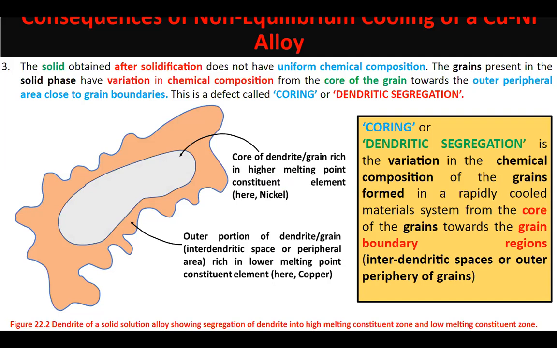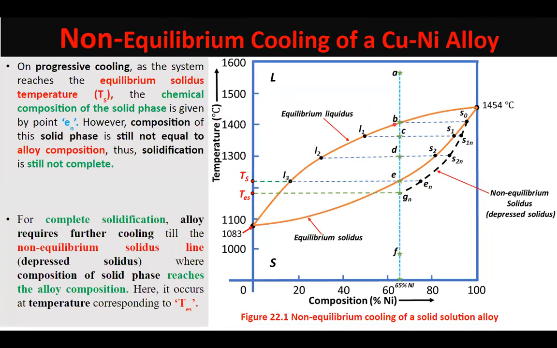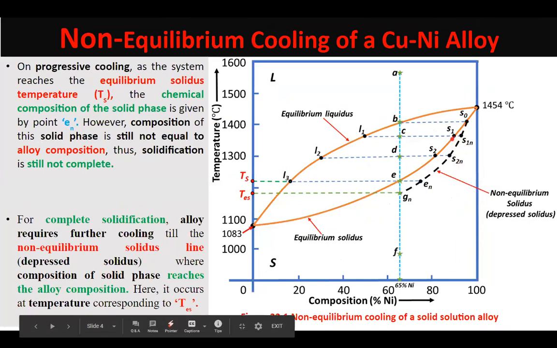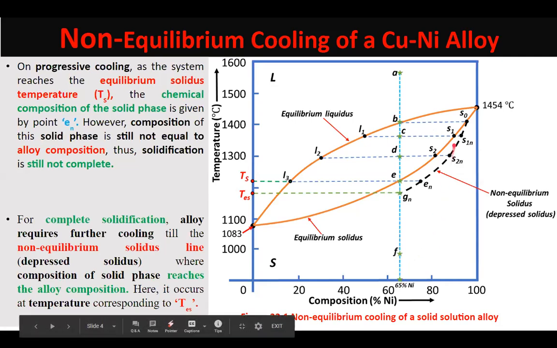Even under equilibrium or non-equilibrium cooling, the first solid that gets formed is very rich in the higher melting point constituent. We do not want this; we need solid which is of 65 nickel. But initially the solid that is getting formed is of about 95 nickel, again 90 nickel. Do you get my point?